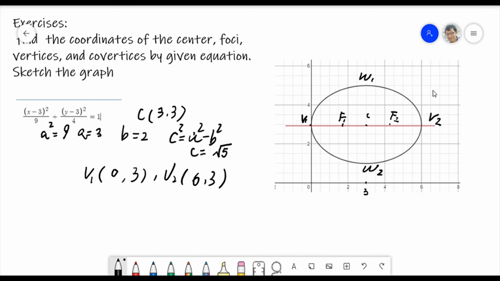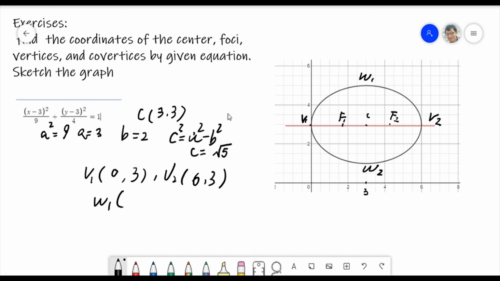So this graph is located in quadrant 1, right? Okay. So our co-vertex is W, W1, that's the first one here.